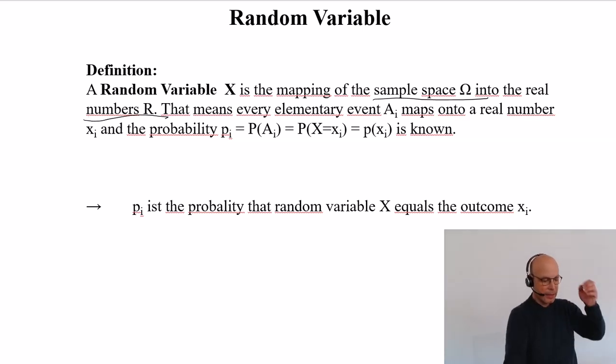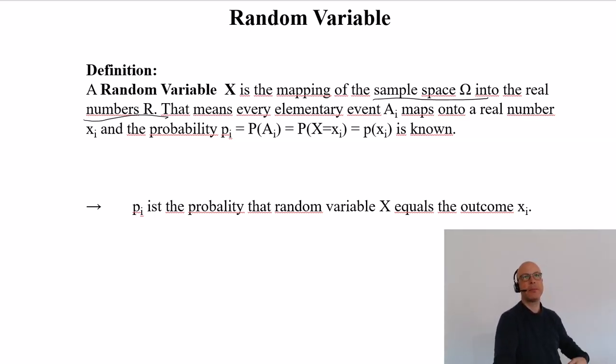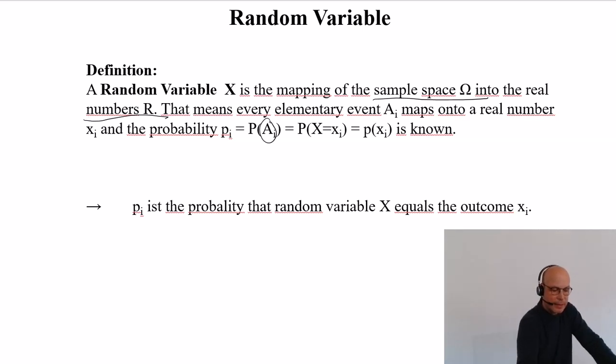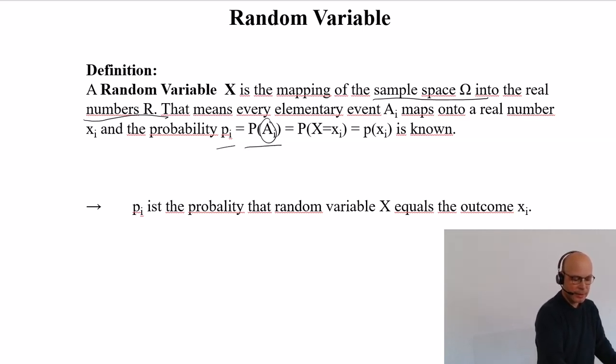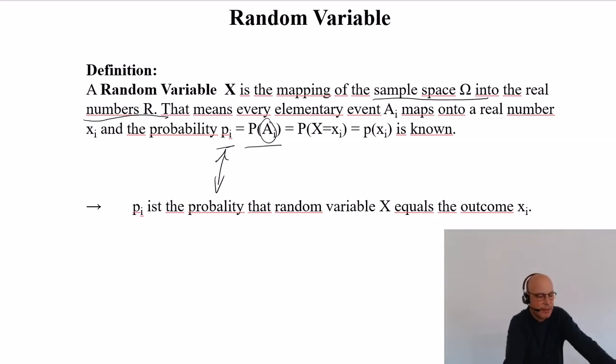What are we doing with these real numbers? With real numbers, we assign to our single events some probability. So that in the end, we have our sample space. There we have our events A, and now we have a mapping P of A equals the probability that this single event happens.